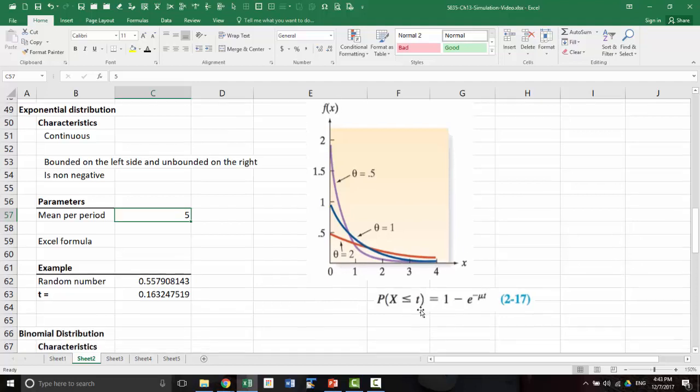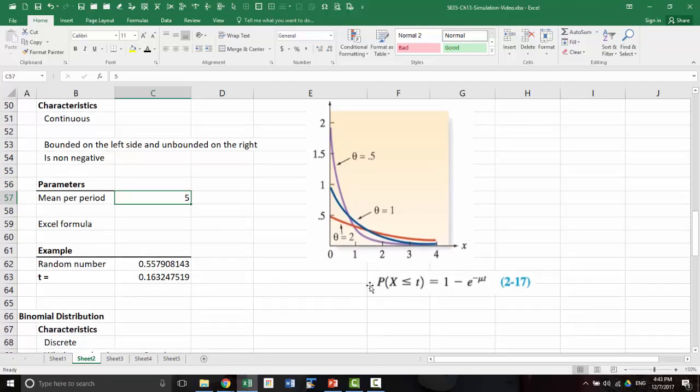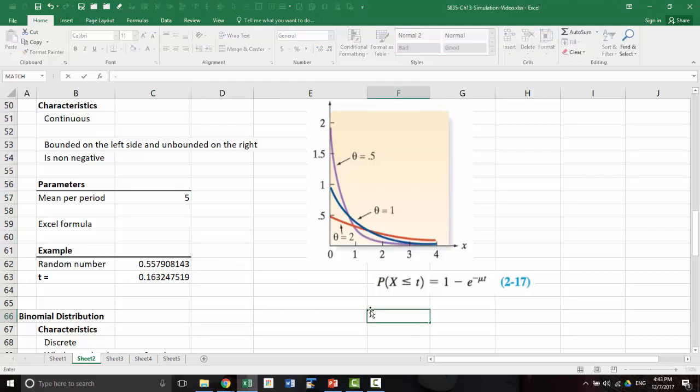All right, so you have e to the power of minus mu t. If you take logarithm on both sides, you end up with minus mu times t, because logarithm will cancel out e.